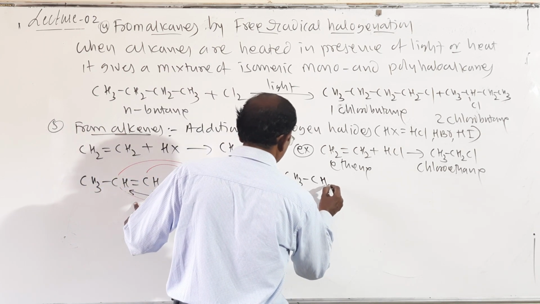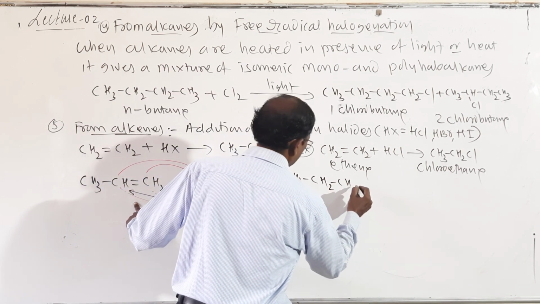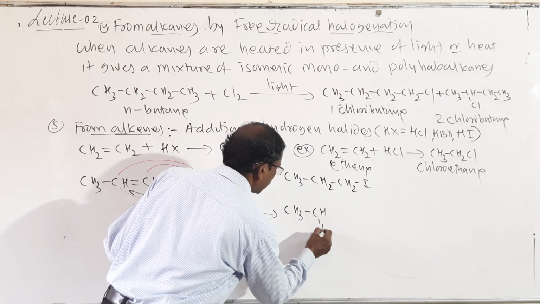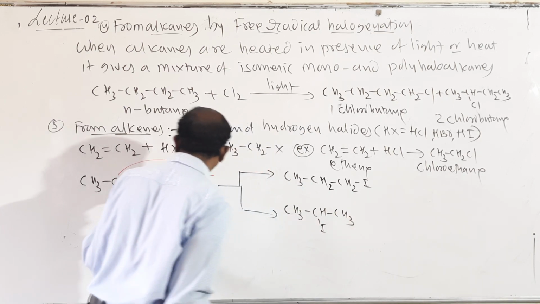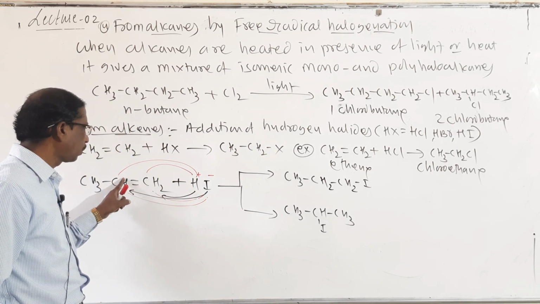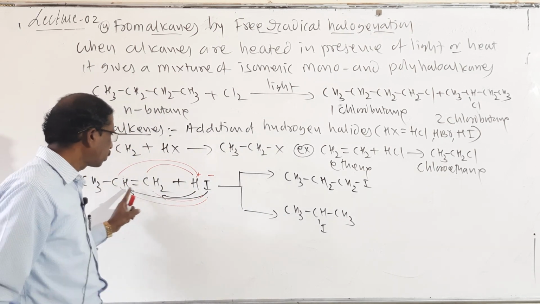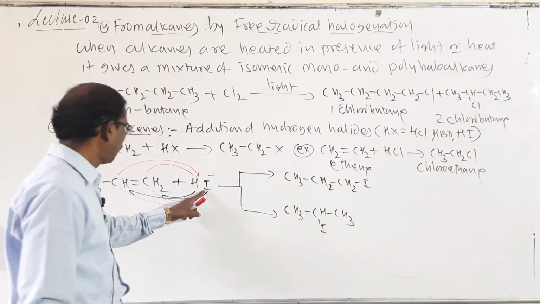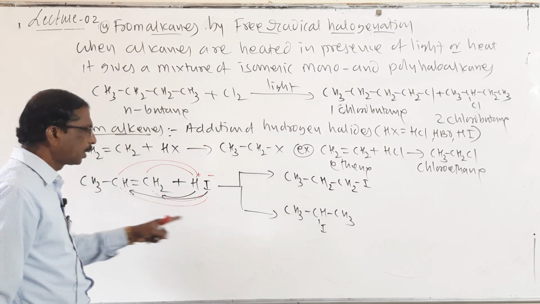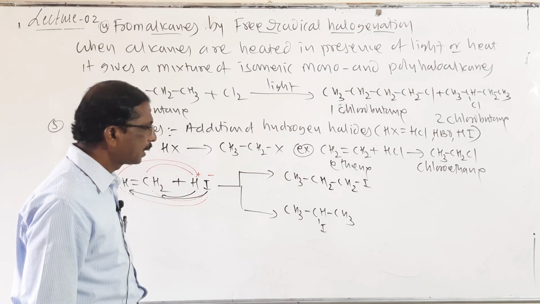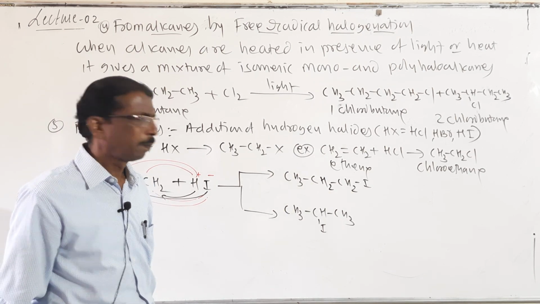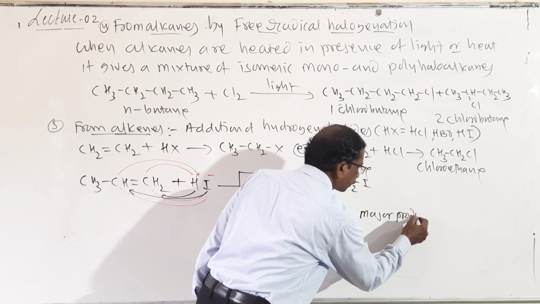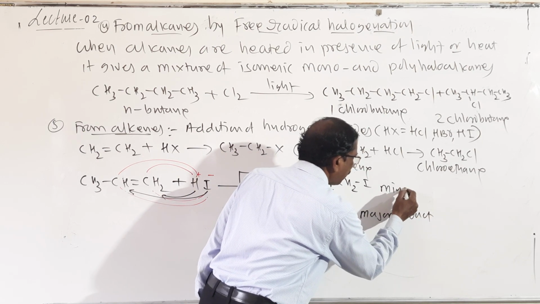When hydrogen is added here, it forms CH3, CH2, CH2I, and when I is added here, it forms CH3, CHI, CH3, which is the major product. So here, according to Markovnikov's rule, it is the major product and it is the minor product.